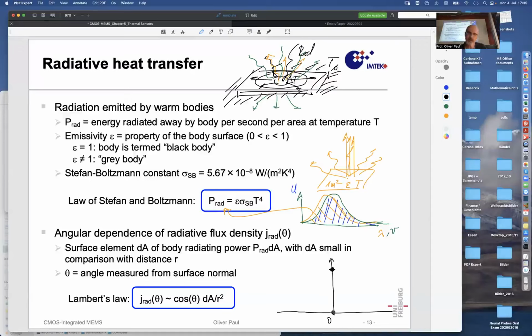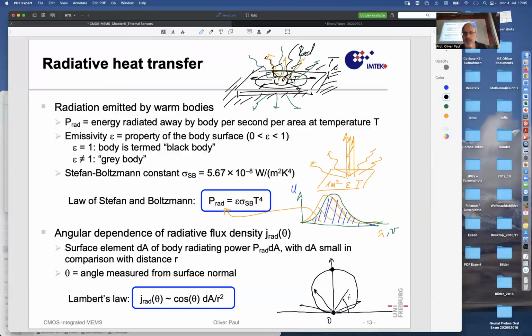As I look at the radiation at shallower and shallower angles, this radiation power becomes smaller and smaller, and actually goes to 0 at the angle 0.